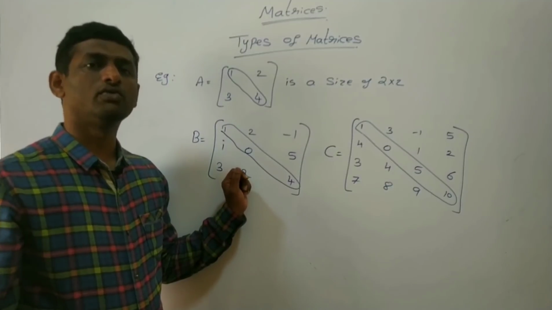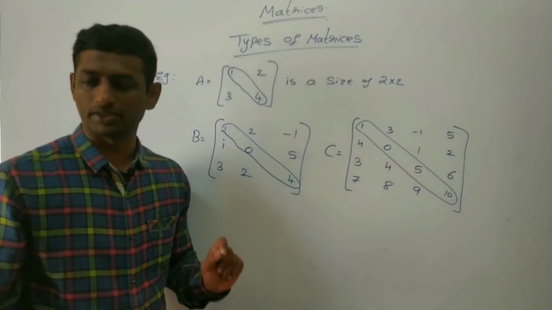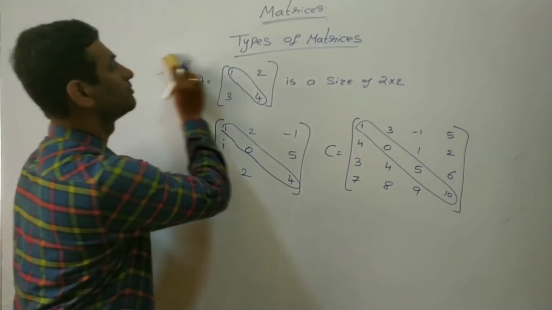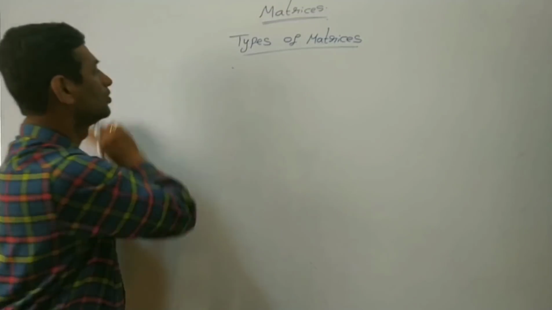Now we will see one more type of matrix, that is the trace of a matrix. The second one is trace. What is trace?